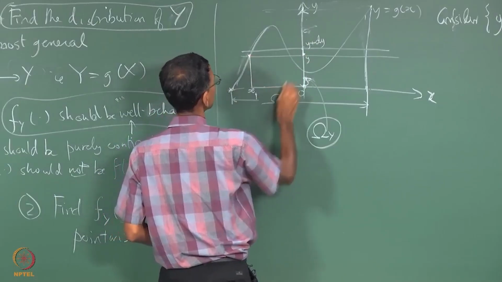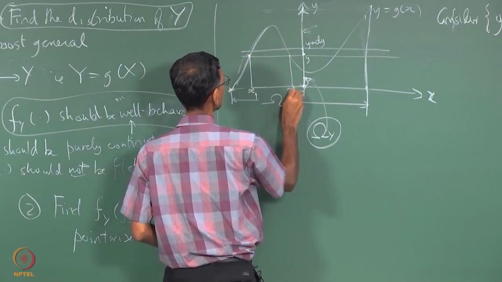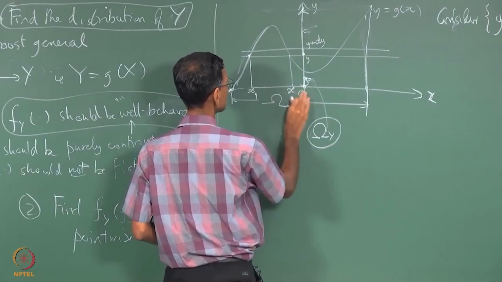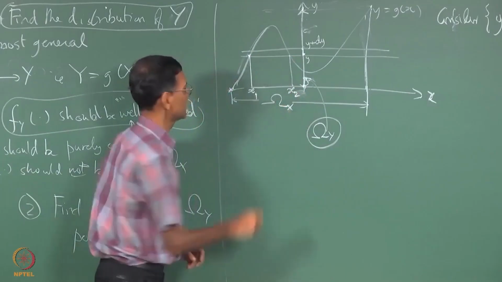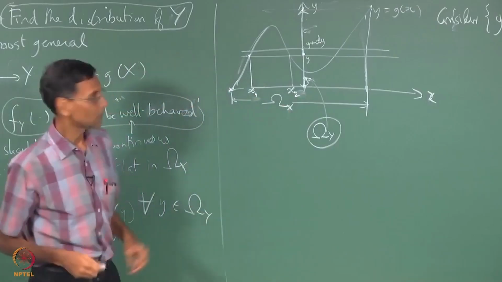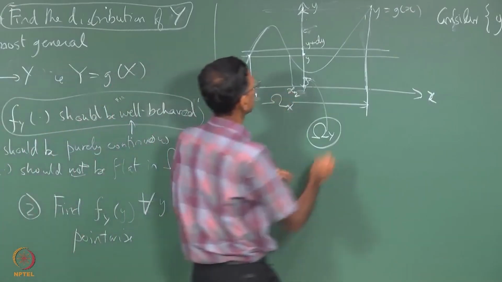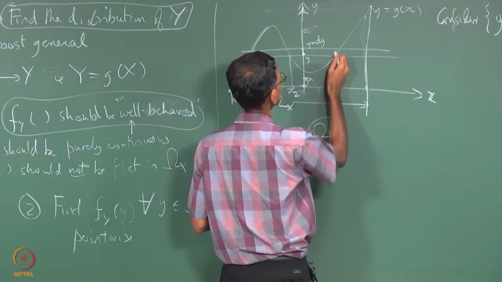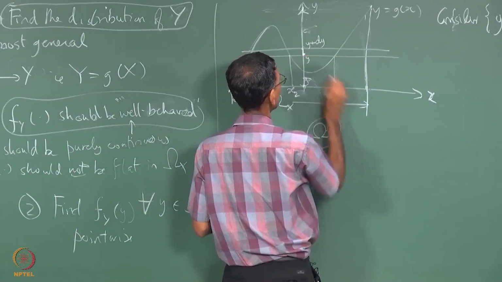So this is a root, this is a root, x1, x2, unfortunately this omega x comes in the way, but I think I can write it without too much clutter, x1, x2, x3. I have 3 roots for this particular value of y.